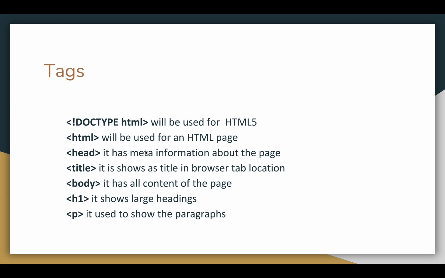An html tag will be used for an HTML page. Head has the meta information about the page. When you see the code, you will understand how the head works. And title shows the title in the browser tab, and body has all the content of the page. H1 shows a large heading, and P is used to show paragraphs.